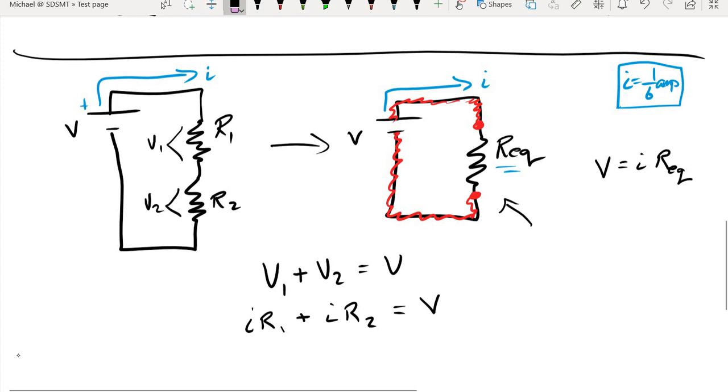And this is the whole idea behind finding an equivalent resistor, is that it will automatically have the potential of our battery.